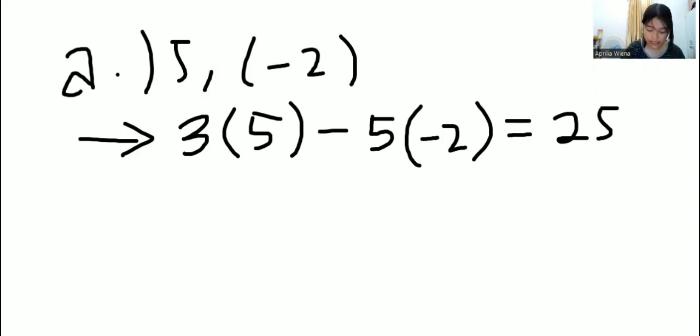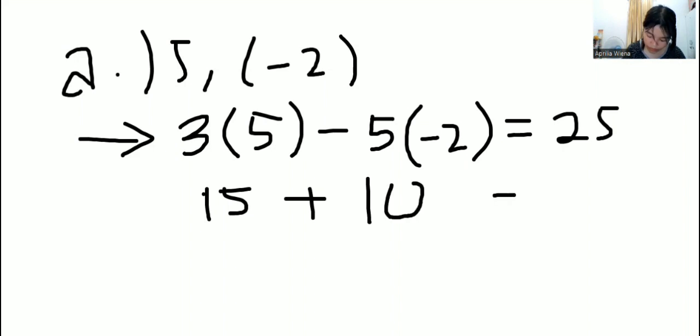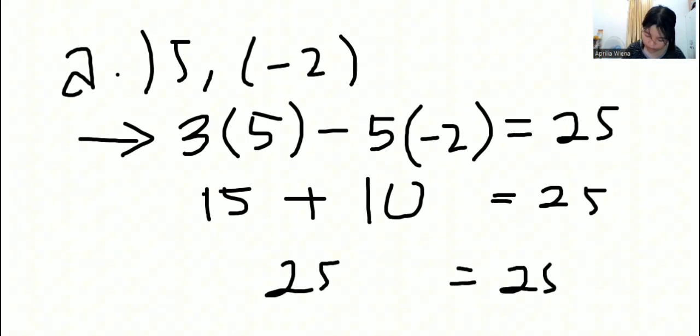So 3 times 5 is 15, and let's do this minus. Minus times minus is plus, so we have plus 10 equal 25, and then 25 equal 25. So the first point is true, this point lies on the line equation. So we're gonna mark that.